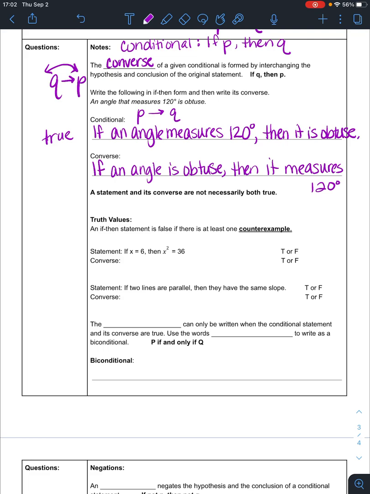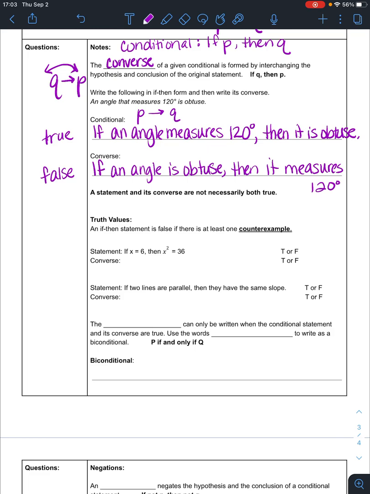If the angle is obtuse, is it true then that it will measure 120 degrees? Well, not only 120 degrees, 150 degrees is obtuse too. So I'm stating this as fact, and you're like, but that's not true. So you give me a counterexample.